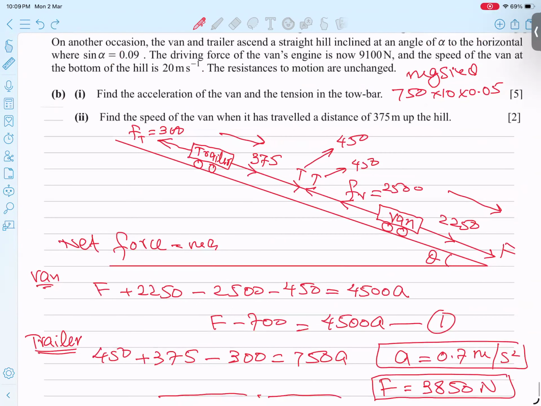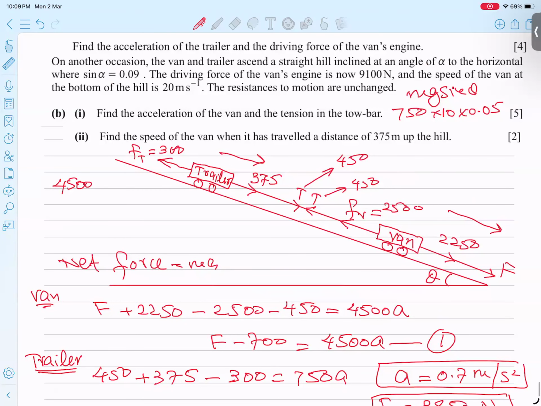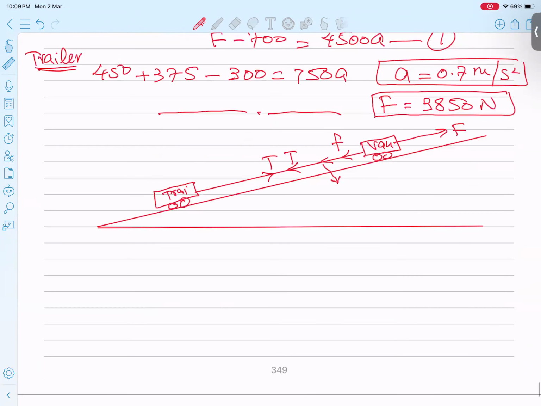Listen, please. 4500 mg sine theta, or sine alpha. g is 10 and sine alpha is 0.09. I'm typing 4500 into 0.09, and I'm getting what here, student? 4050.